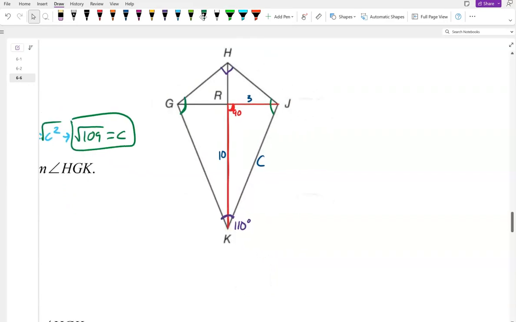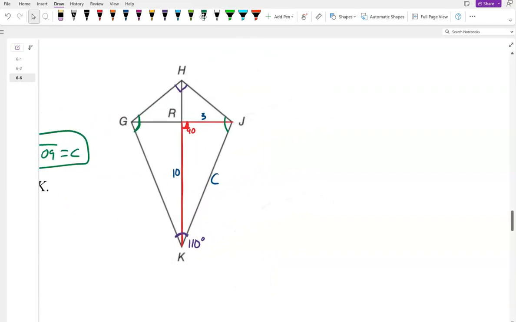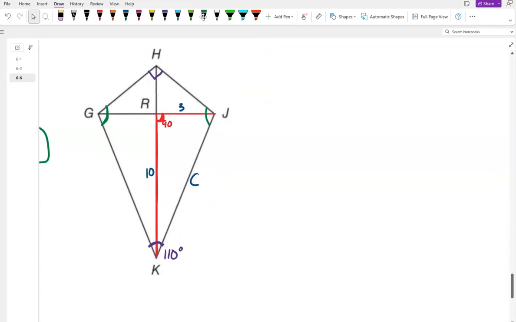Since they're equal to each other, you solve this almost the same way that we solved the trapezoid one, right? I know since there's 4 sides to this shape, we've got H, we've got G, whoops, H plus G plus K plus J equals 360.